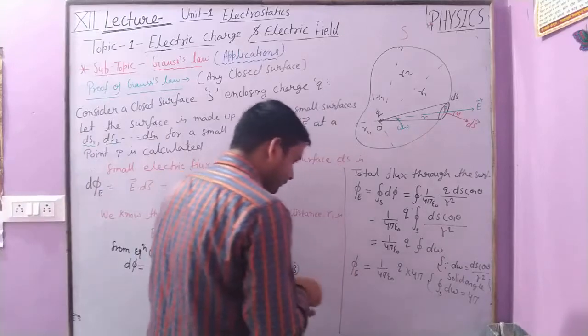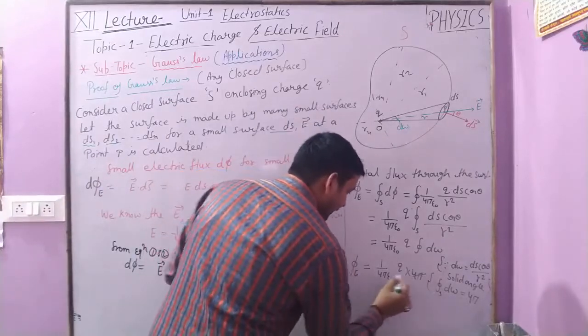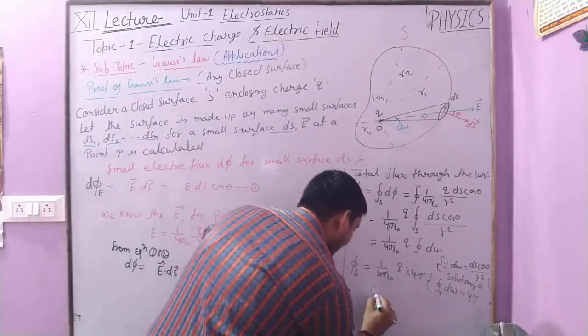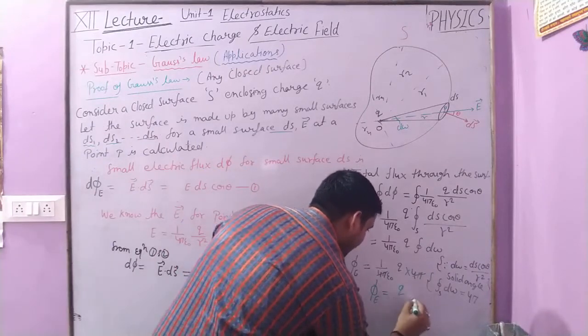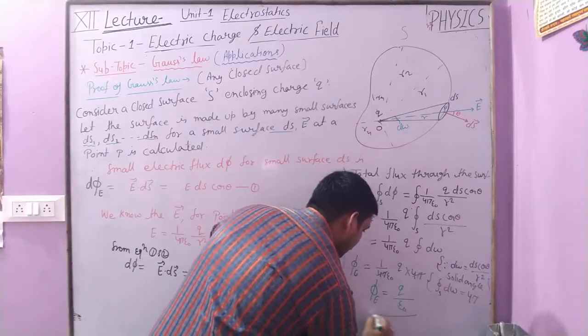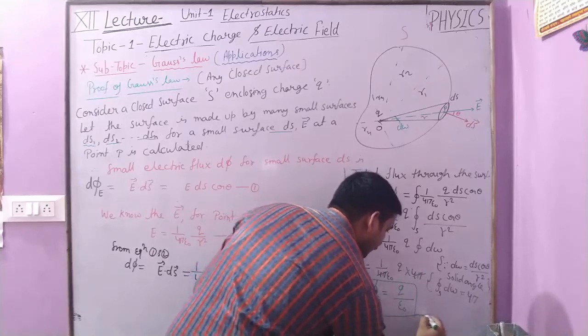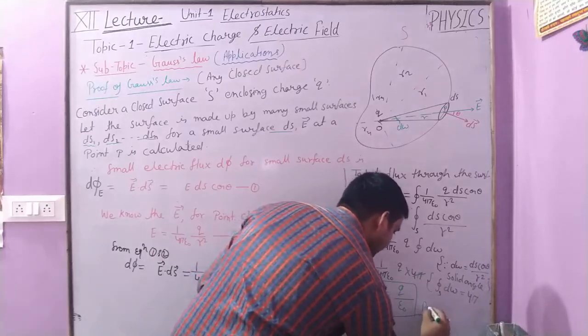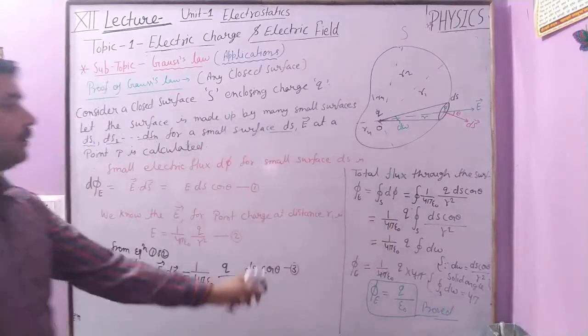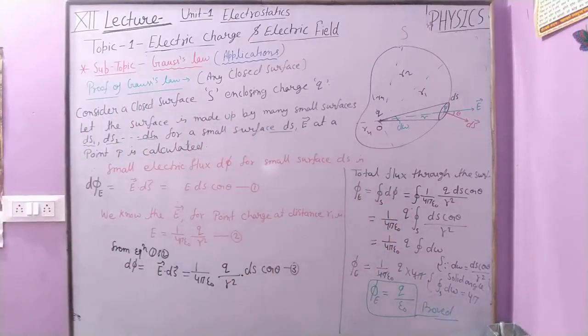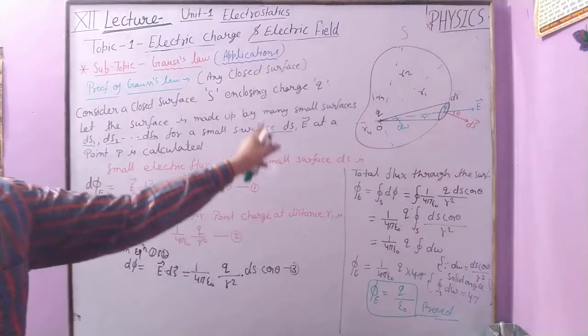Therefore this 4 pi cancels this 4 pi, and we find that the result is equal to q upon epsilon naught, which is the proof of Gauss law. Okay, so this is how you can prove Gauss's law for any surface.